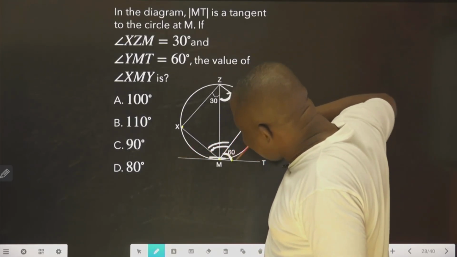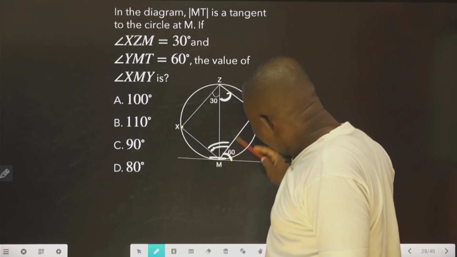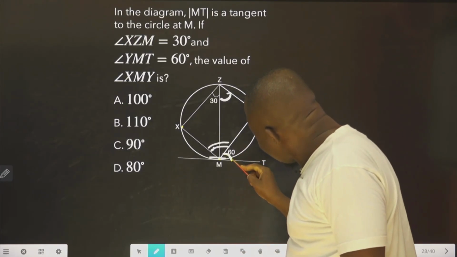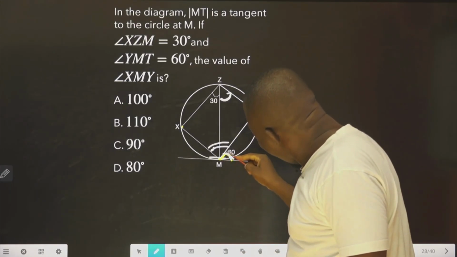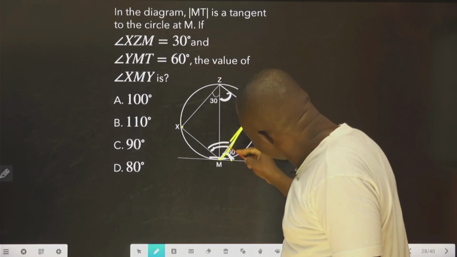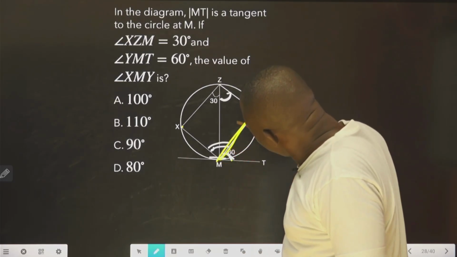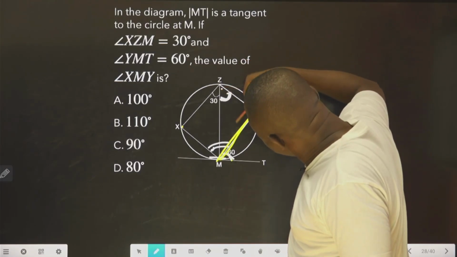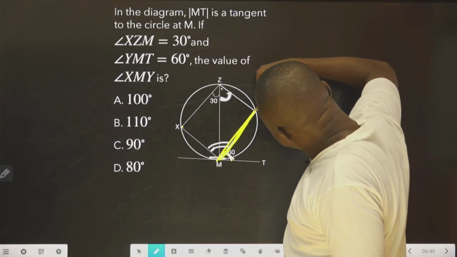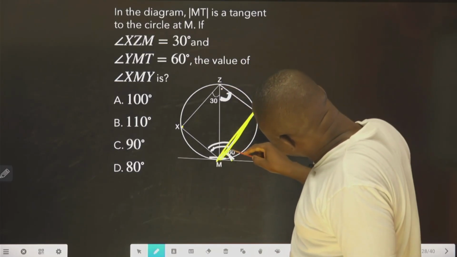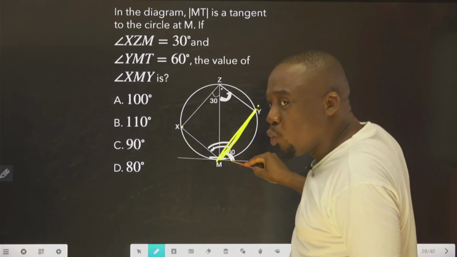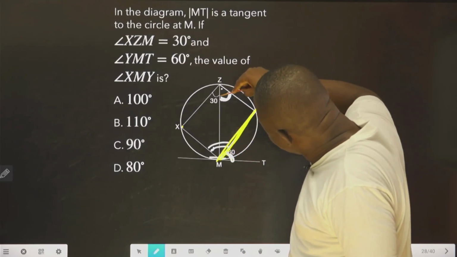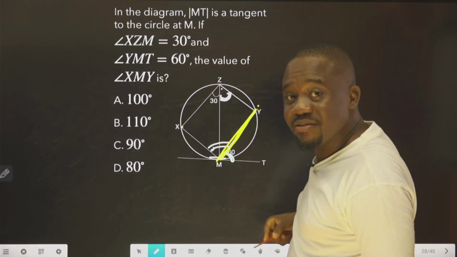When there is a tangent, the angle that is formed between the tangent and this line is equal to the opposite angle in that segment. This is the opposite angle facing this line. This line has a counterpart with this angle. This is the angle that is facing it.